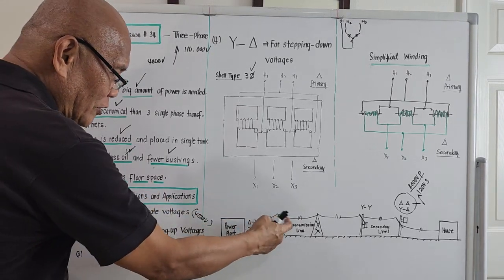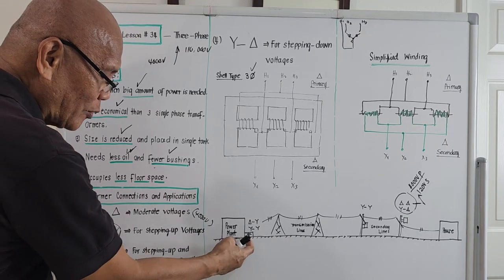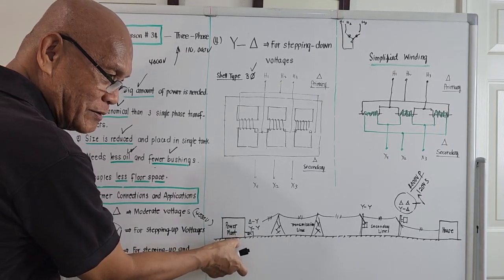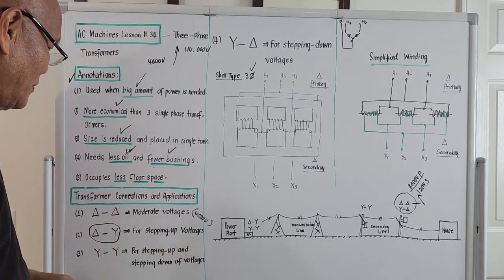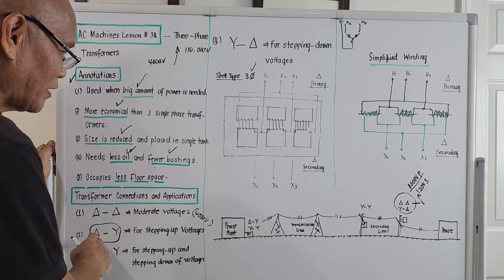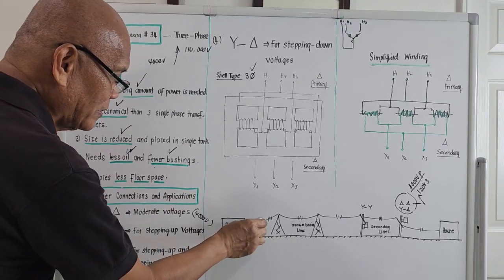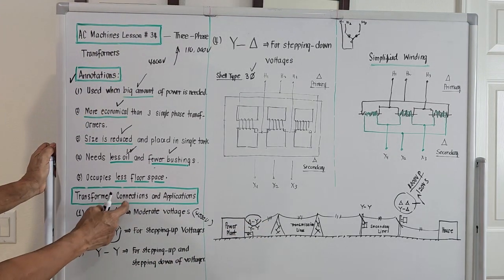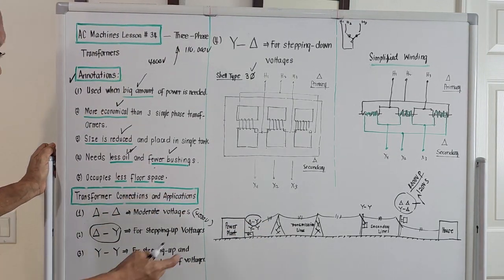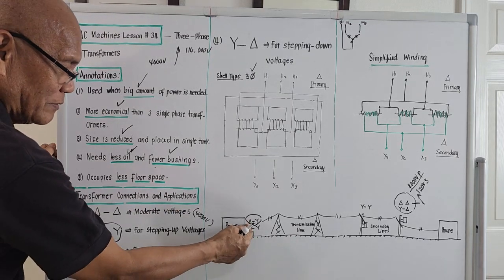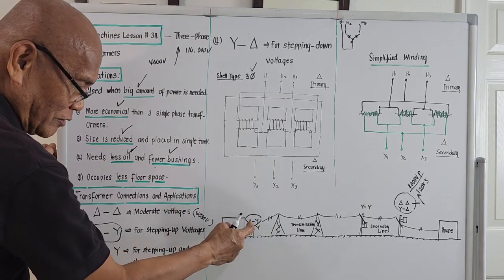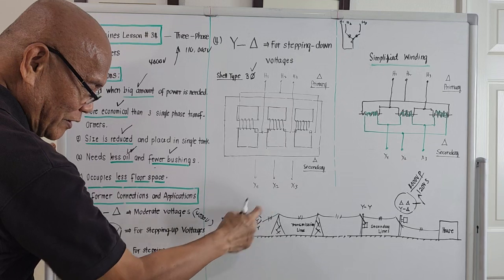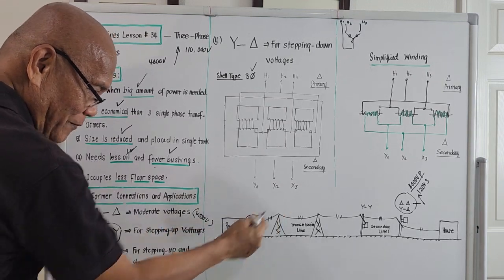And to feed it to the transmission line, we need a transformer after the generator. The connection could be delta to Y. So this number 2 connection, in application, is located near the power plant, because you need to step up the voltage generated by the alternator.